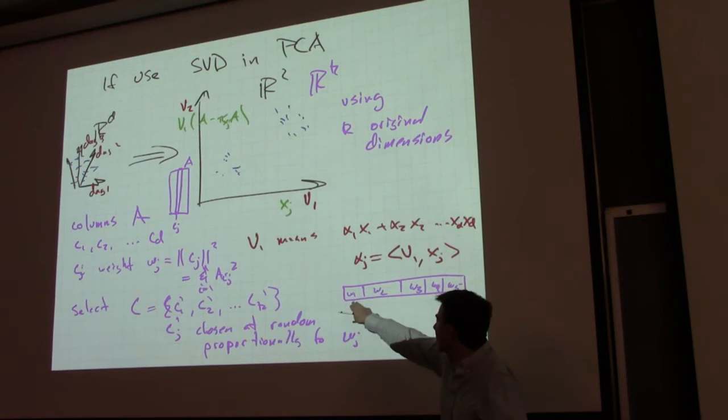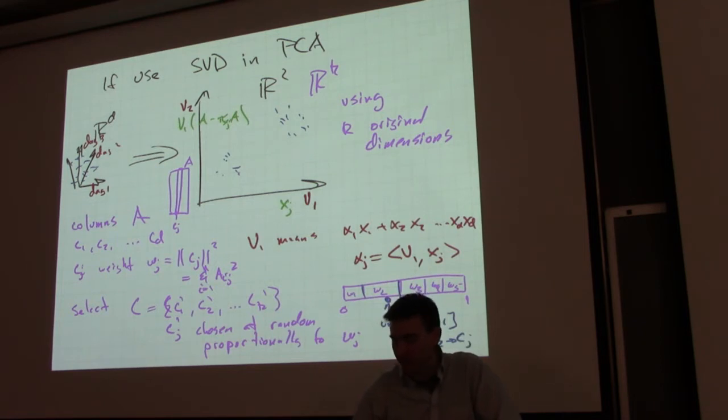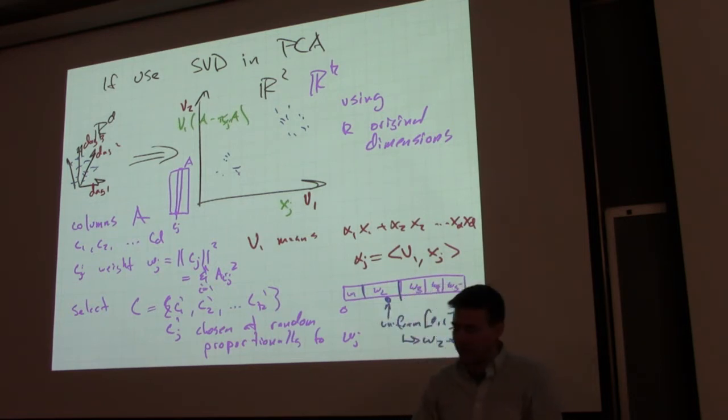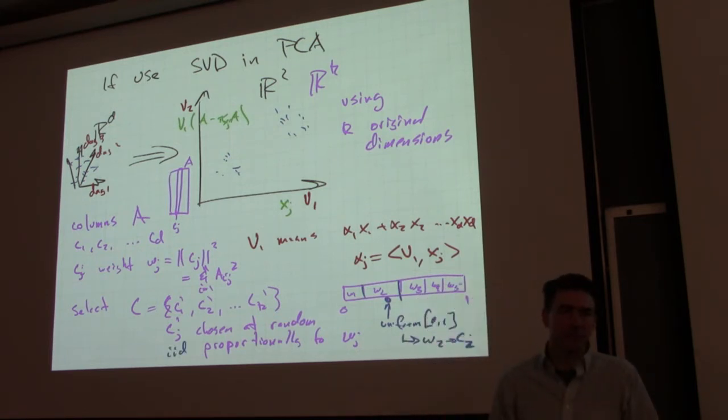I can scale the weights so that they fit between 0 and 1, and then choose a random value uniform between 0 and 1. It falls somewhere along here, and whichever bucket it falls into, say weight 2, corresponds with column 2. I'm going to do all of these IID, so independently.